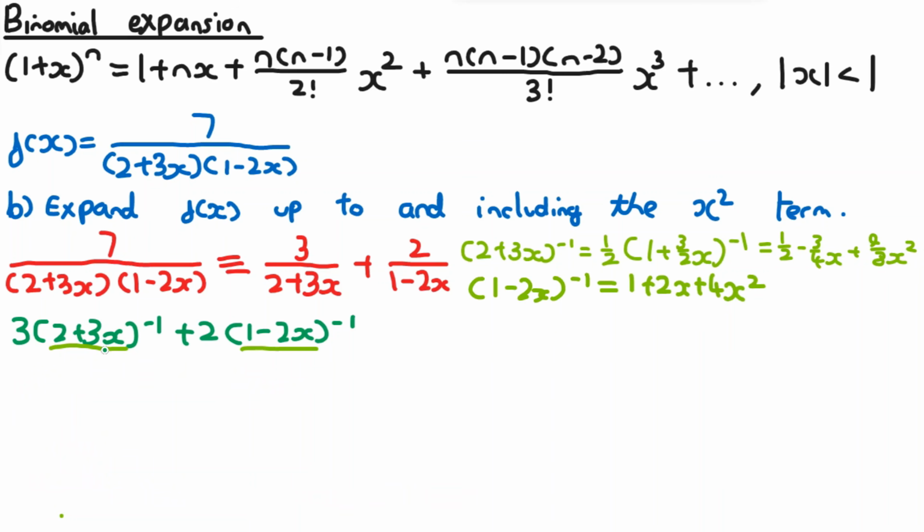And then all we need to do now is plug these in, the (2 + 3x) to the power of minus 1 and the (1 - 2x) to the power of minus 1, into this, and then expand the brackets.